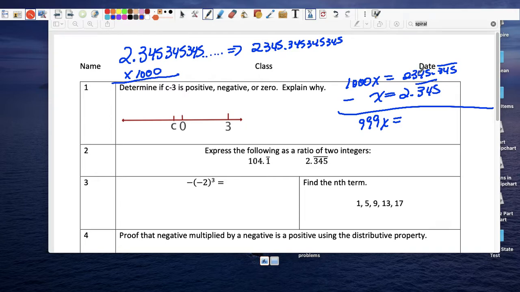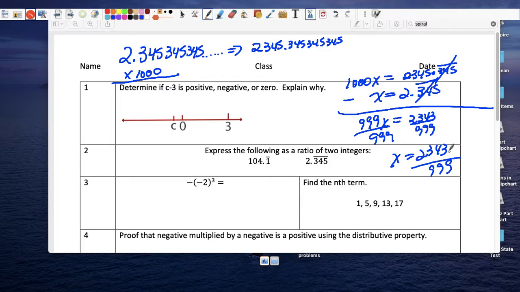If you subtract 2.345 bar notation, the 345 thousandths are repeated, so this repeating part and this repeating part will eliminate each other, and then 2,345 minus 2 is 2,343. Divide both sides by 999. x equals 2,343 over 999.